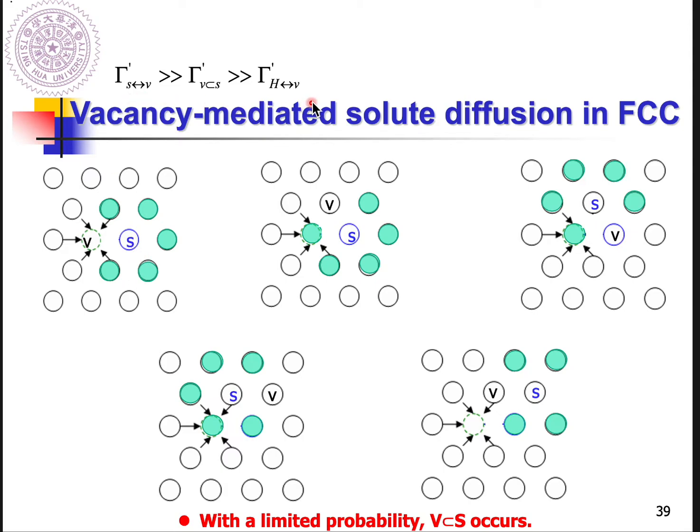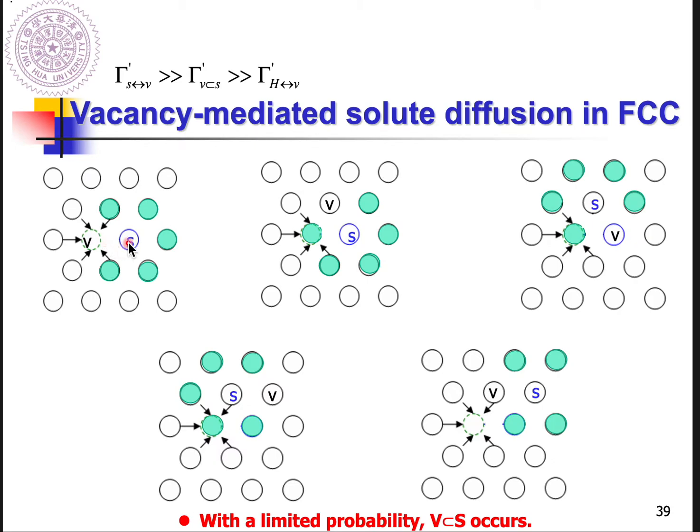As we mentioned, the jumping process between the solute and the vacancy is the highest, right? So probably after 1,000 jumps, there is one jump of the host's neighboring atom into the vacancy. Even though the jumping rate is quite high, this kind of jumping process has no contribution to the diffusion of the solute atom, because they just jump back and forth.